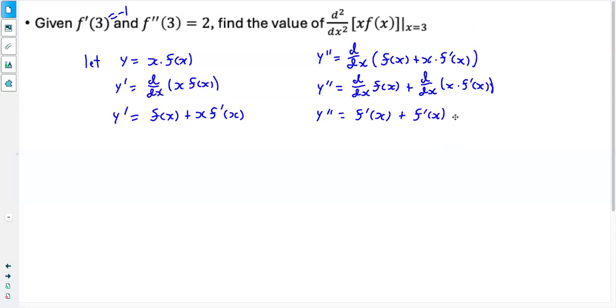And then we have plus x times the derivative of this, which is f double prime of x. Once again, sorry that I was going a bit quick and made that small error.